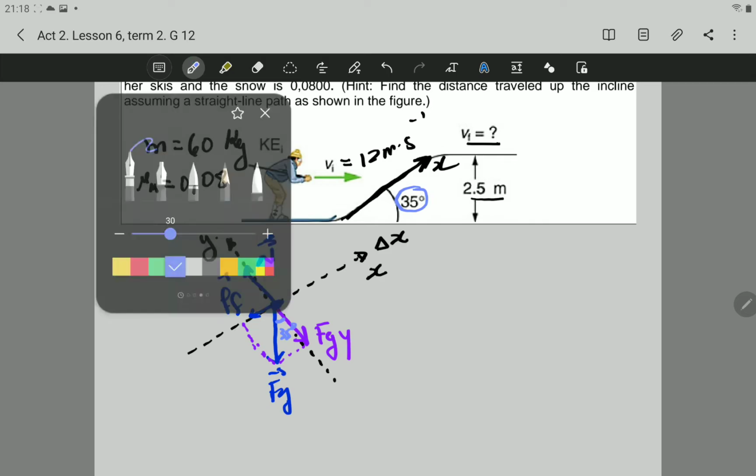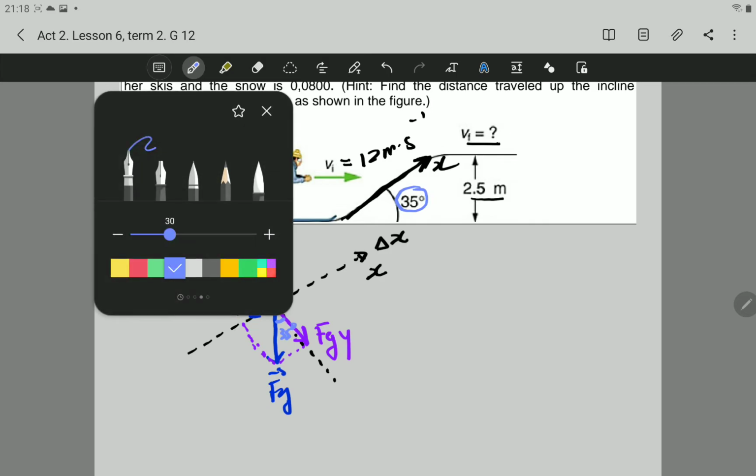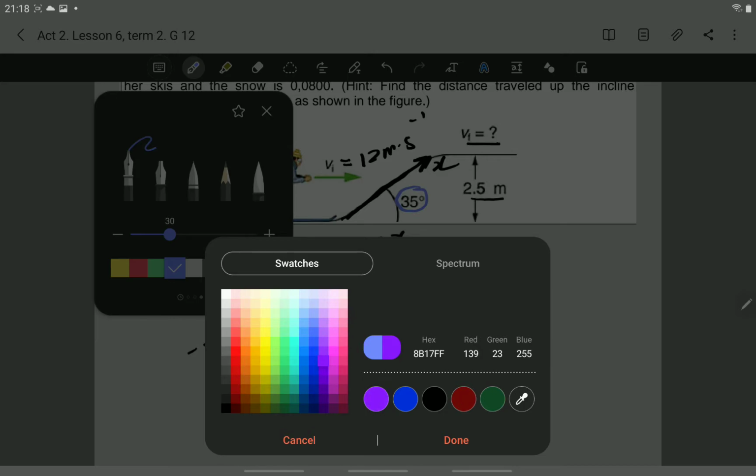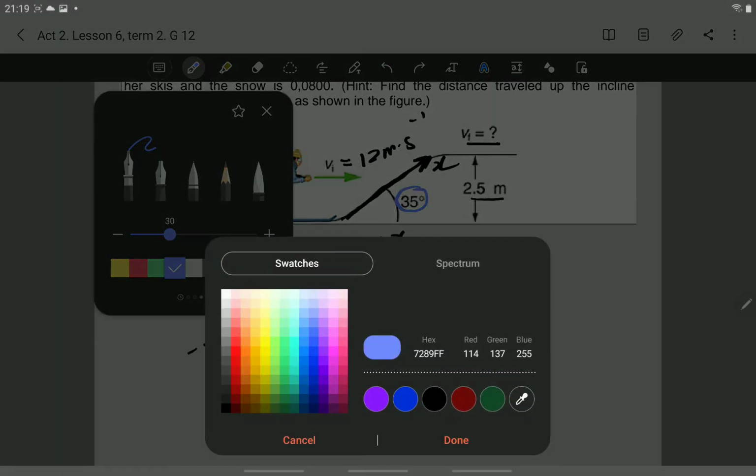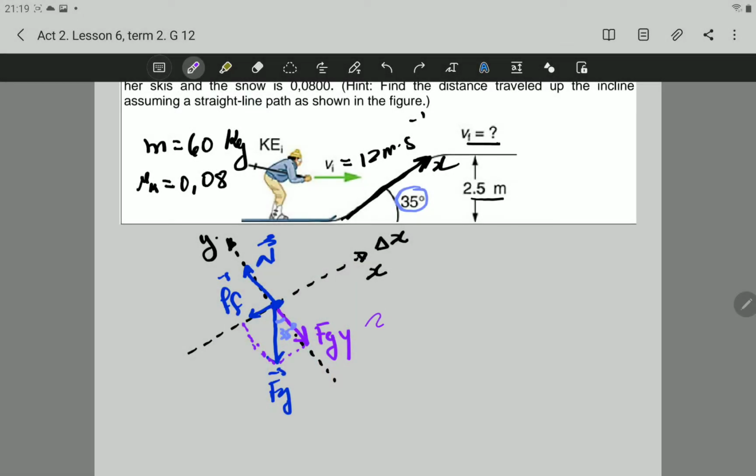The gravitational force in the y-axis is the adjacent side, and therefore it is cosine of theta. So it is equal to the gravitational force multiplied by cosine of 35 degrees, which is mass multiplied by acceleration due to gravity multiplied by cosine of 35 degrees. You will need it later on.